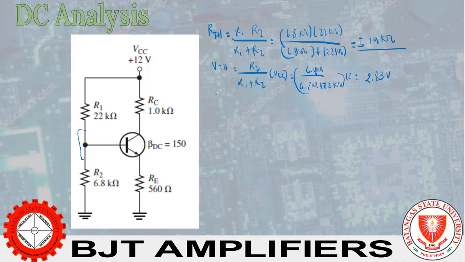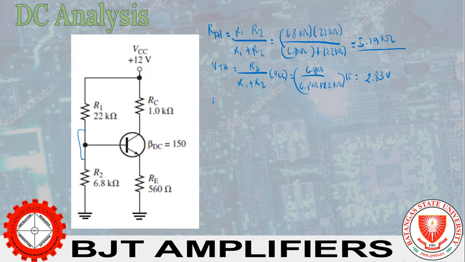And then, kasi ang goal nga natin dito, di ba, kumuha tayo ng IE. So, kuhanin natin ng IE para makakuha tayo ng RE prime. So, yung IE natin, kuhanin muna natin si IB para makakuha tayo ng IC para makakuha tayo ng IE.